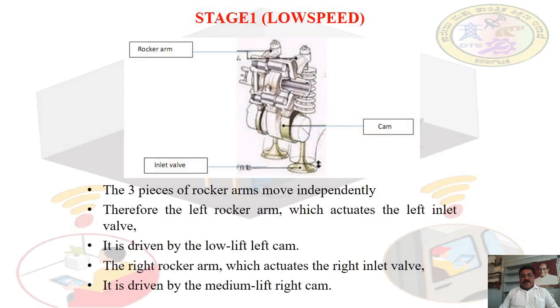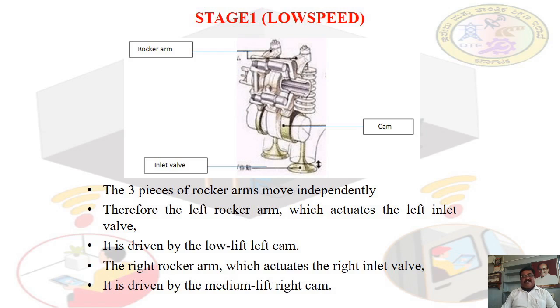In the Honda VTEC system, there are 3 stages: stage 1, stage 2 and stage 3. The latest Honda 3-stage VTEC system is in the Honda Civic SOHC engine.